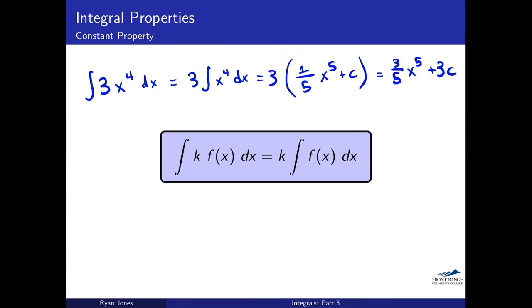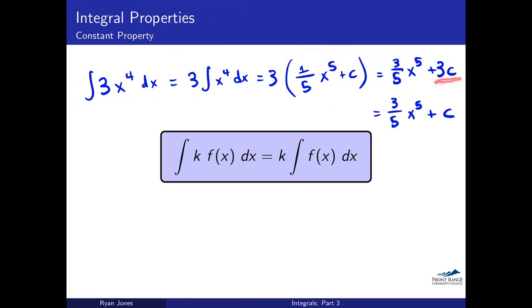Now, what I'm going to do here will probably look very fishy. It might not seem allowable or legal, but it is. I'm just going to write c. And really what I'm saying is, this c that we put in here, it just stood for any number that you can think of. It's a placeholder for literally any number in the world.